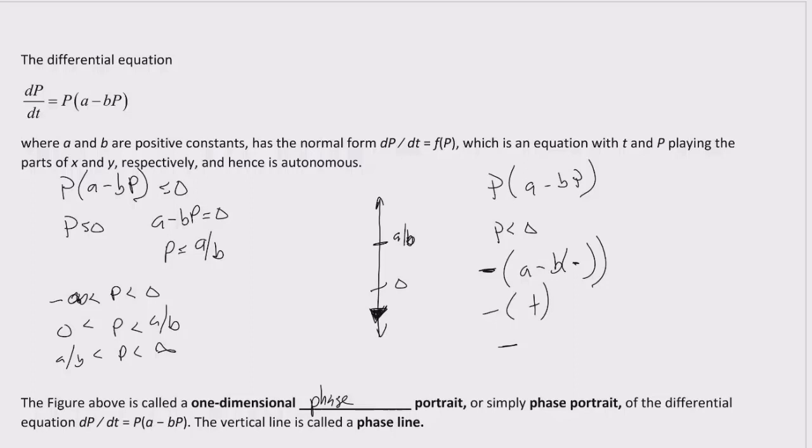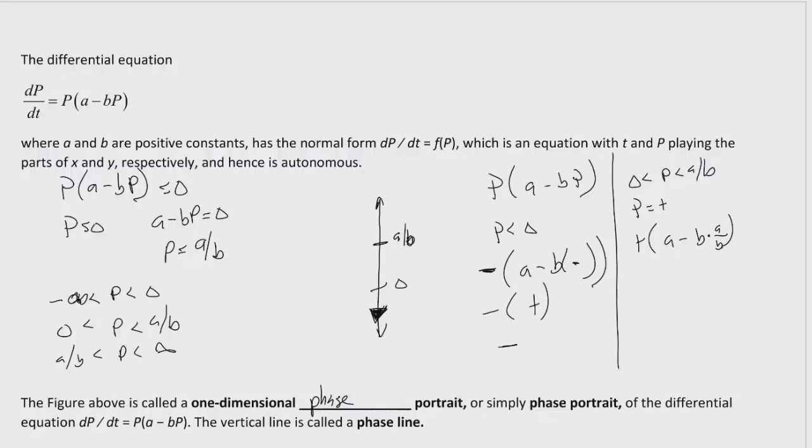Well, what about if P is between 0 and a over b? P has to be positive at that point, so I've got a positive thing times a minus bP. Since P is smaller than a over b, think about if I just put a over b in there, because it's going to be approaching that fraction.